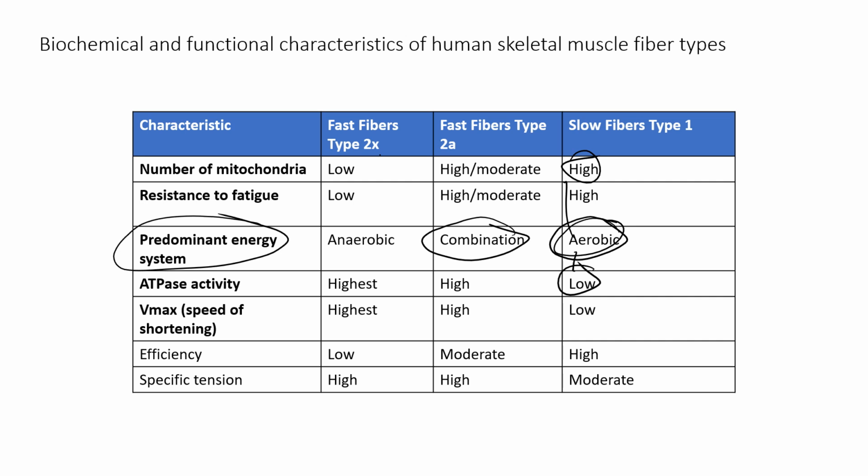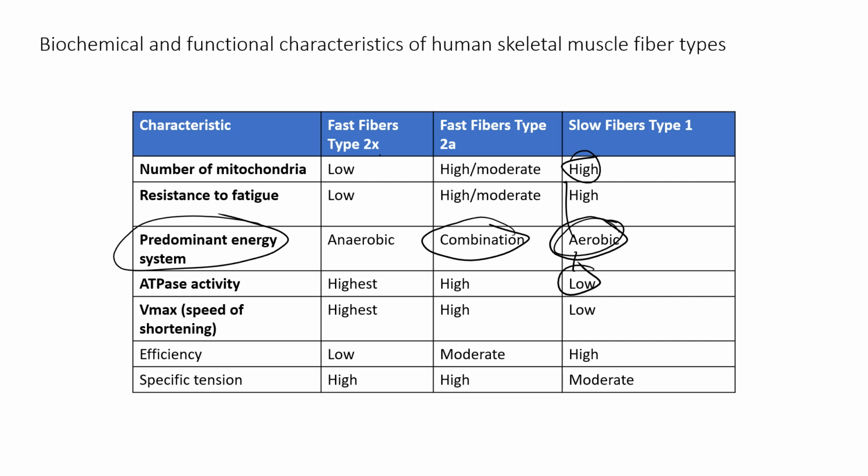These fibers will use a combination of both slow and fast metabolism to meet their ATP demands dependent upon what the fiber is being asked to do. Is it being asked to contract very forcefully and very frequently? Then it's going to use a strong combination of fast and slow glycolysis, fast and slow metabolism. Is it not being asked to contract very forcefully and frequently? Then it's going to rely more heavily on slow metabolism.